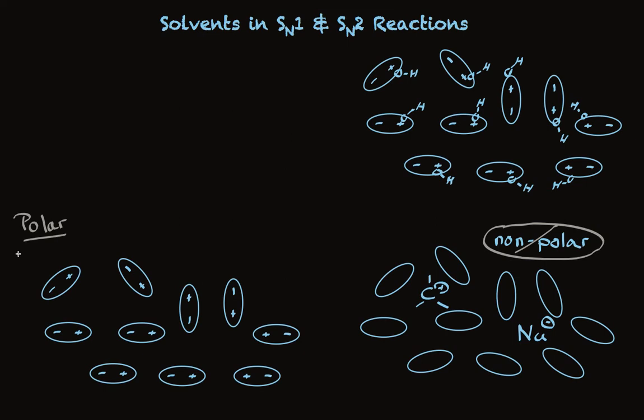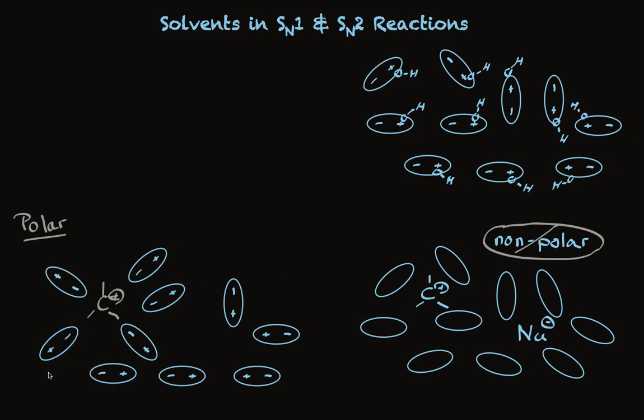Let's think a little bit more about this. What if we put that carbocation in a polar solvent? So here's our carbocation. Those polar molecules will interact with this carbocation, won't they? And we will see stabilization, where these molecules will migrate toward the carbocation as they orient a negative end toward it.